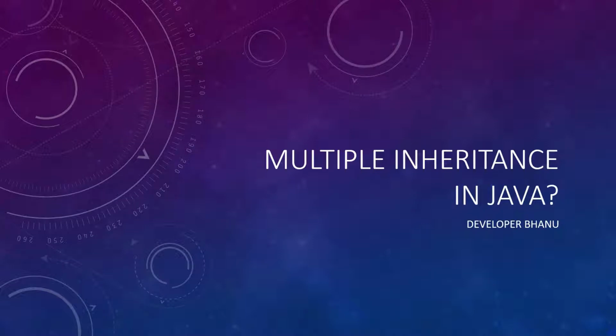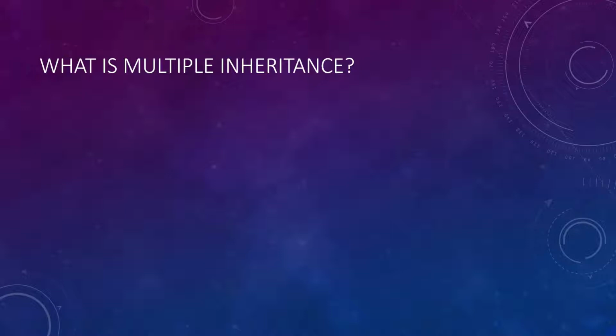So why is there a question mark after Java? Let's see that as we go forward. Alright, so what basically is multiple inheritance? We can say that multiple inheritance is nothing but reversed hierarchical inheritance.